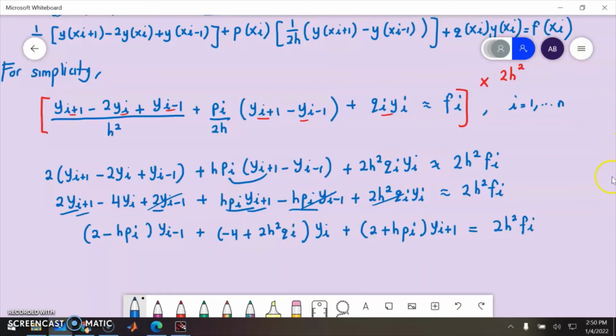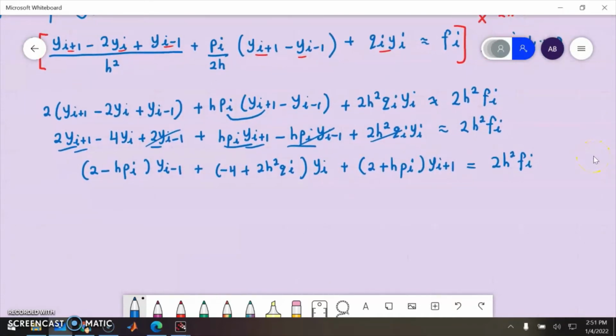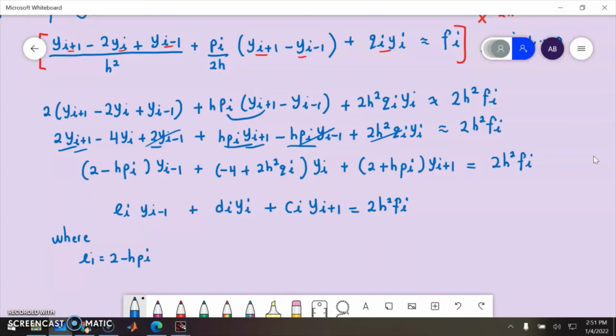Now how about writing this as e_i y_{i-1} plus d_i y_i plus c_i y_{i+1} equals 2h squared f_i. Where e_i is 2 minus h p_i, d_i is minus 4 plus 2h squared q_i, and c_i is 2 plus h p_i.